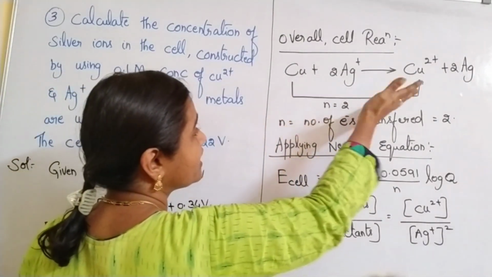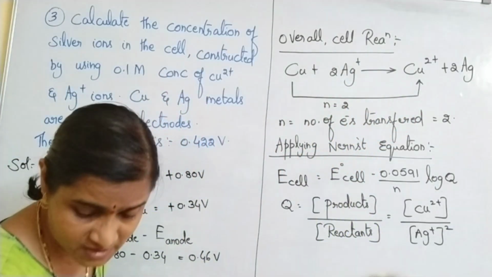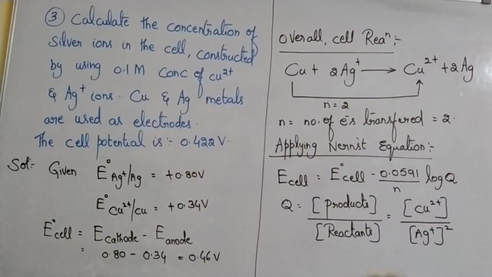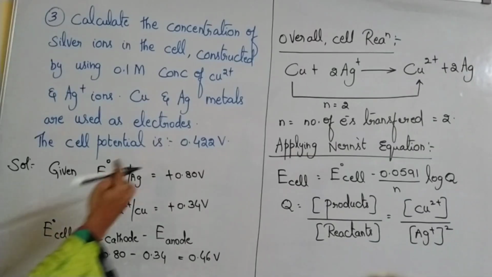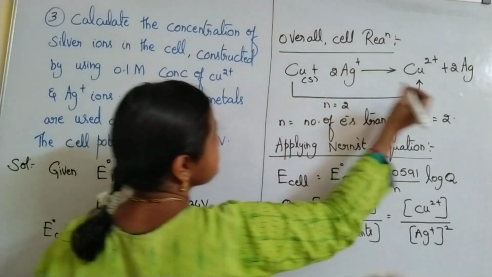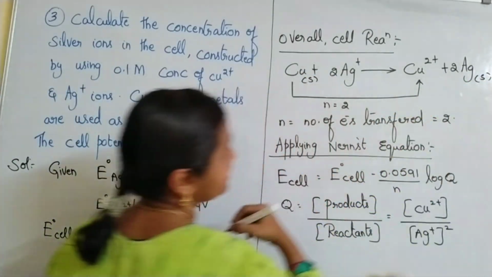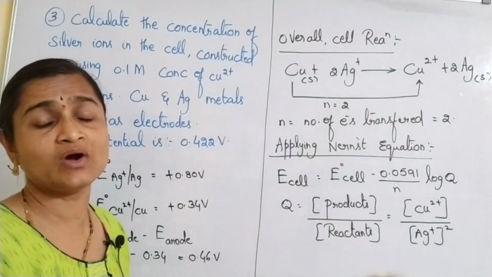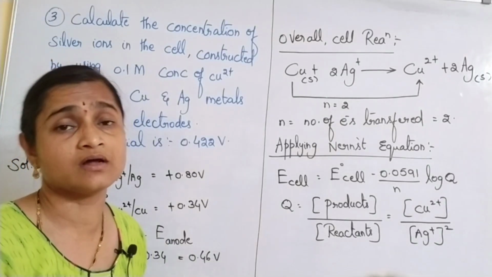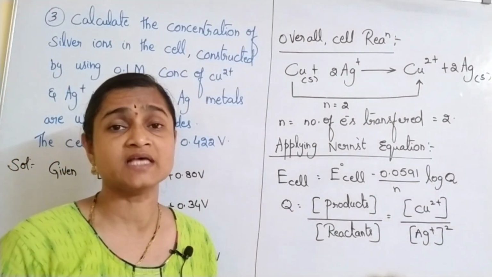Looking at the overall reaction, Cu and Ag are solids, and the concentration of solids is taken as unity.